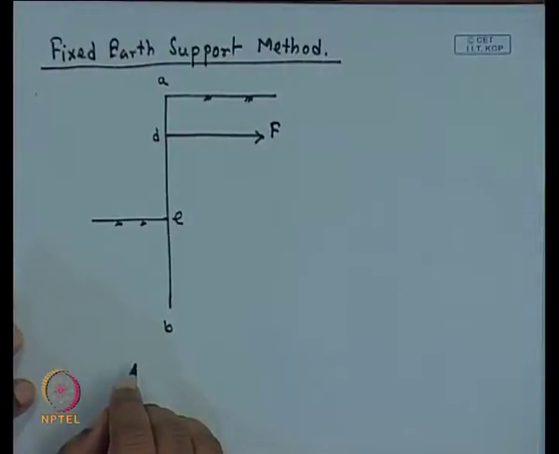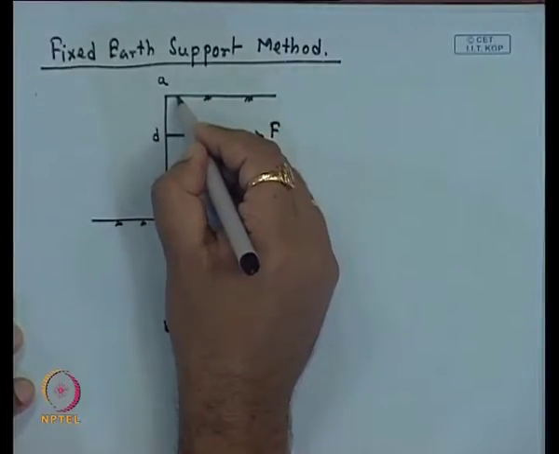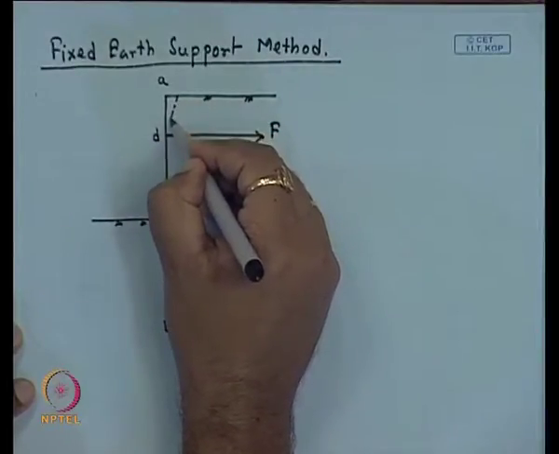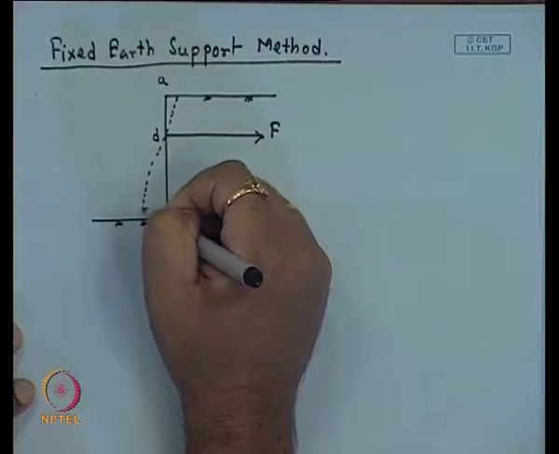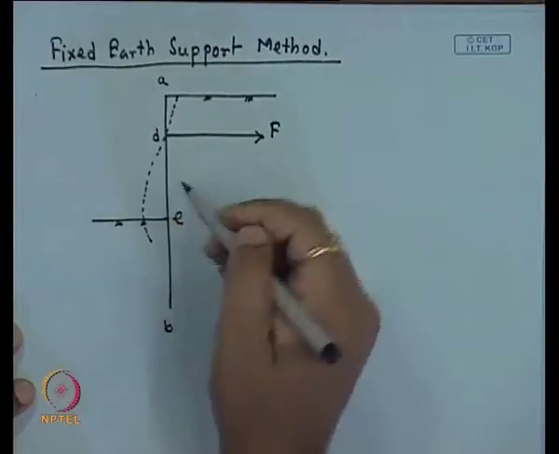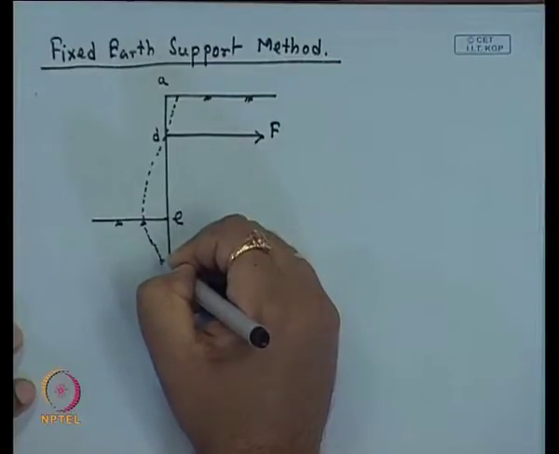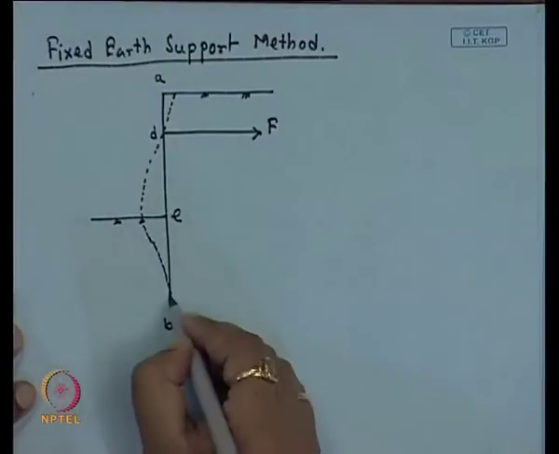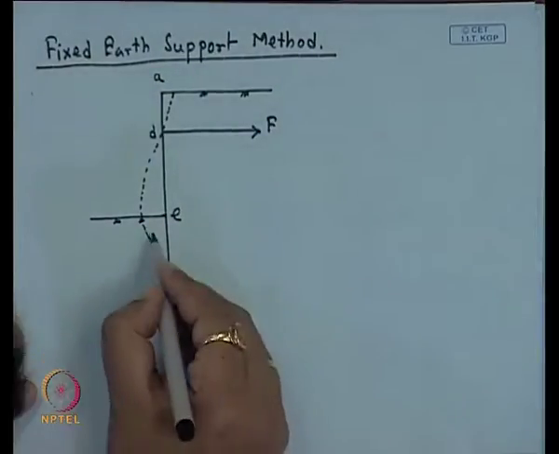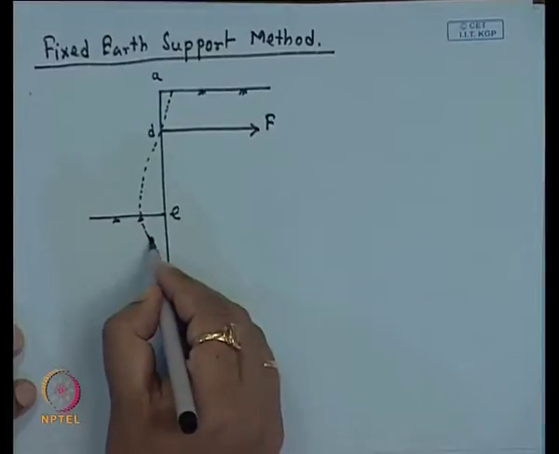Here if I go for the deformation pattern, then this will be the deformation pattern for the sheet pile. Here the difference is that one point of contraflexure will appear.